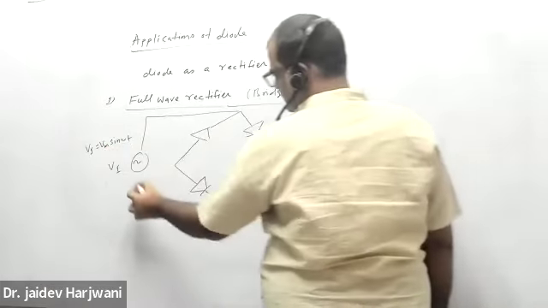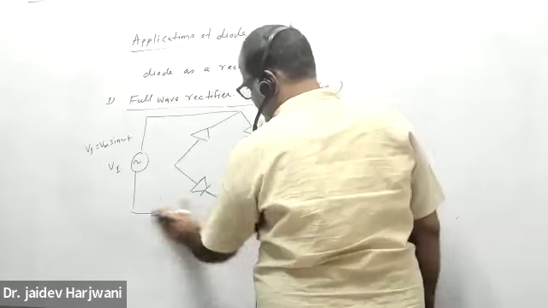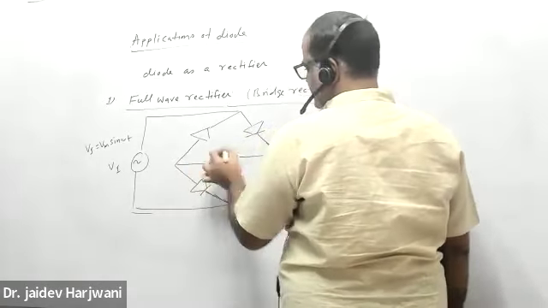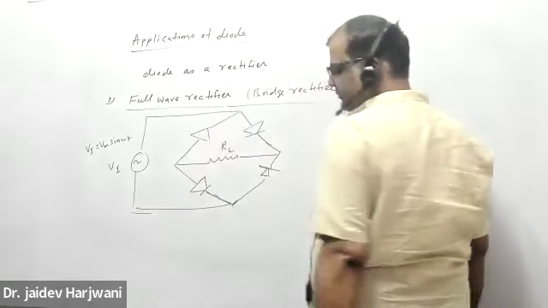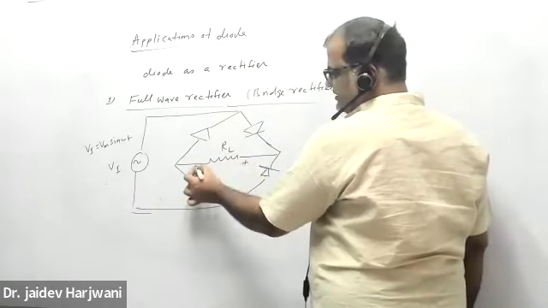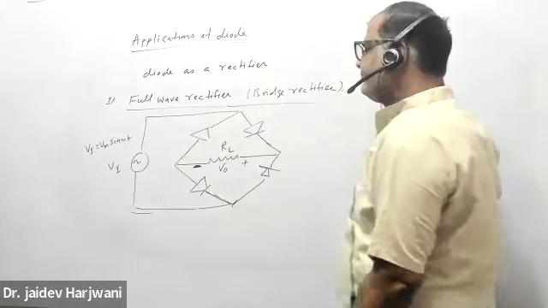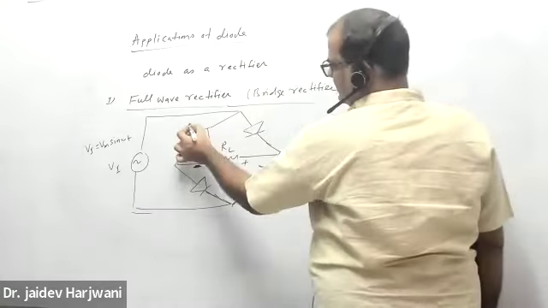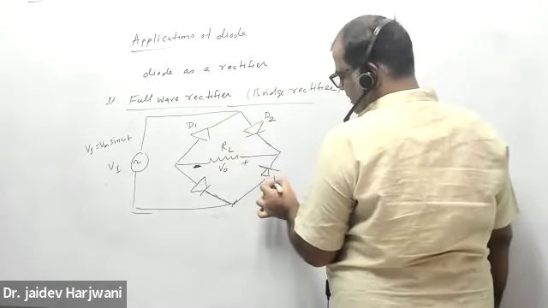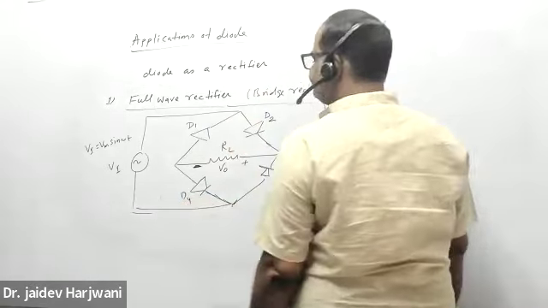And it's coming back from this portion. Here one resistor is there, RL, and now I am measuring the output here, V naught. I say this is my diode D1, this is diode D2, this is diode D3, and this is diode D4.